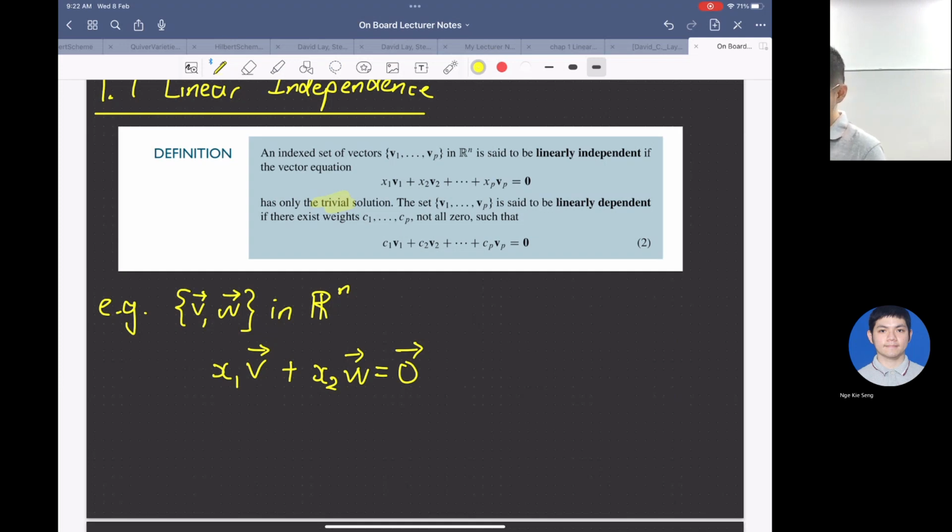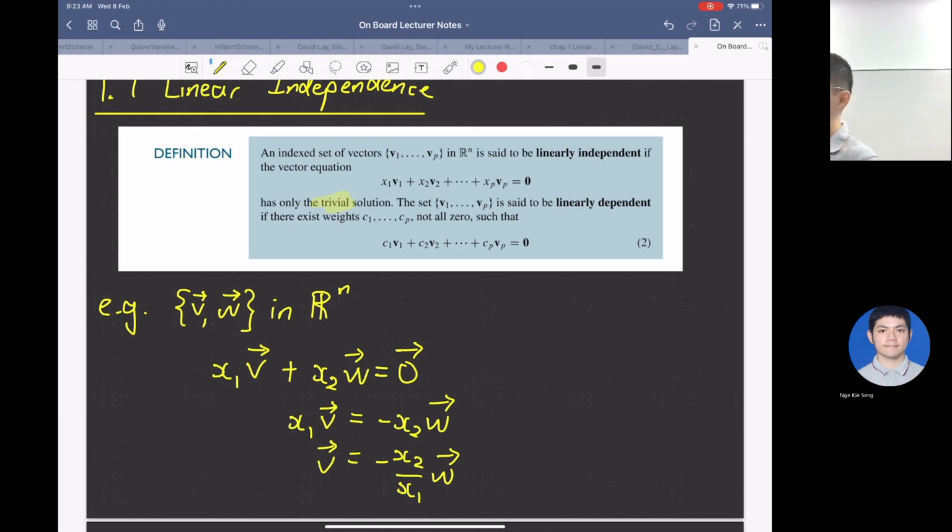When this equation equals 0, such that it has a non-trivial solution. Can you play around with this equation here? So maybe I move W to the other side. Okay. And then I try to move X1 across as well.